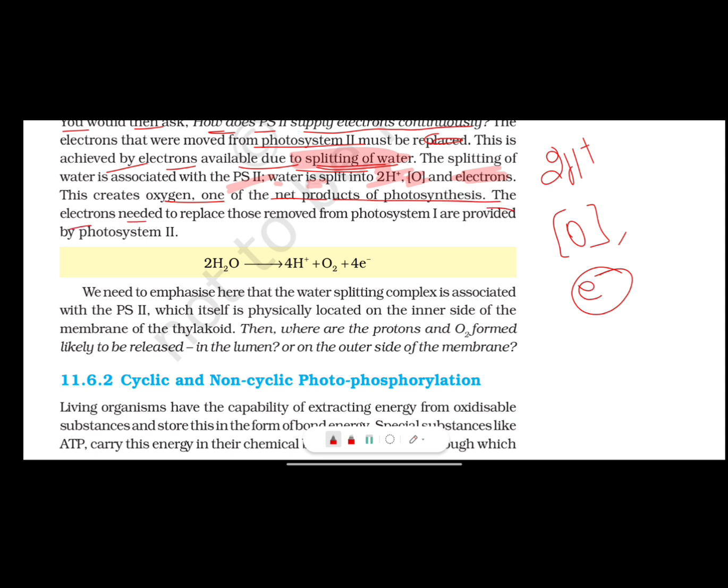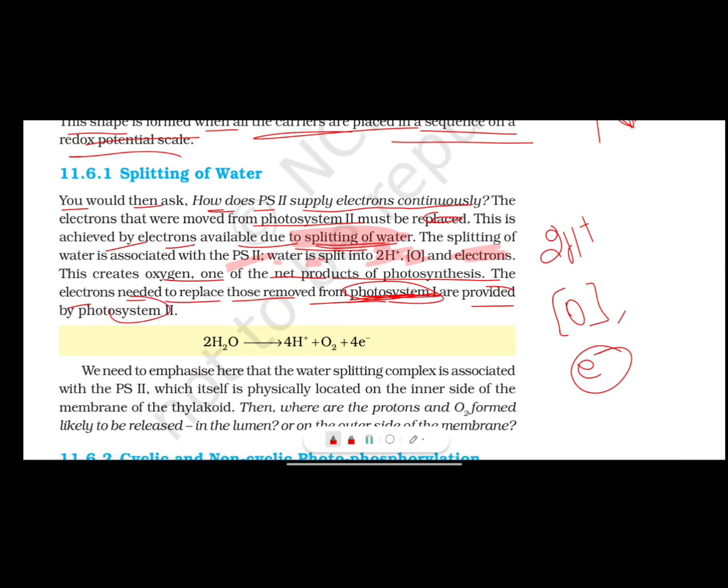The electrons needed to replace those removed from photosystem 1 are provided by photosystem 2. The electrons needed to replace those removed from PS1, okay, are provided by PS2.